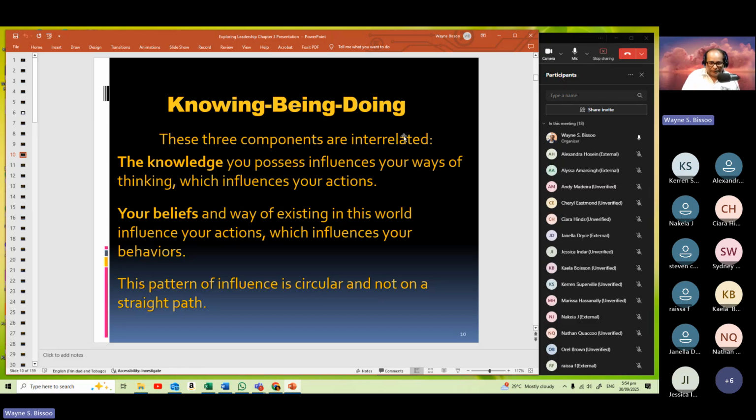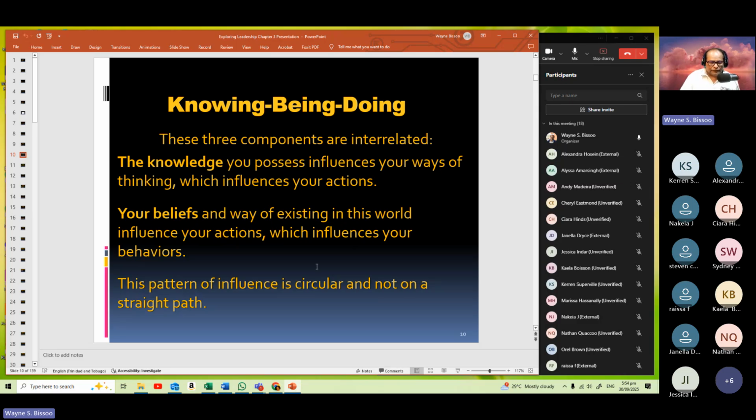You need to really pay attention to how you behave, especially when things go wrong. Pay attention to what's happening, what you do, how you react, and that will tell you a lot about what your key beliefs are. What people say and what people do, there's sometimes a big disconnect between the two. So it's something for you to pay attention to.